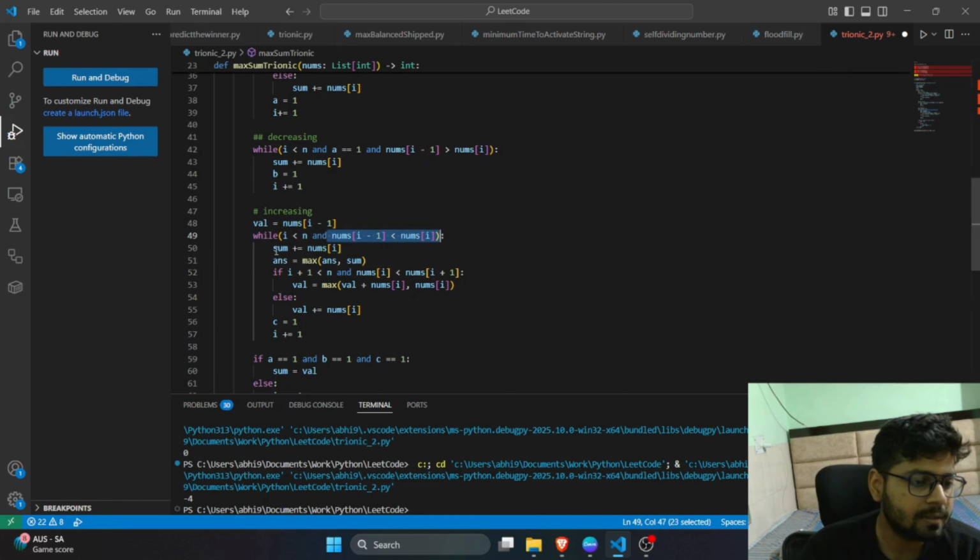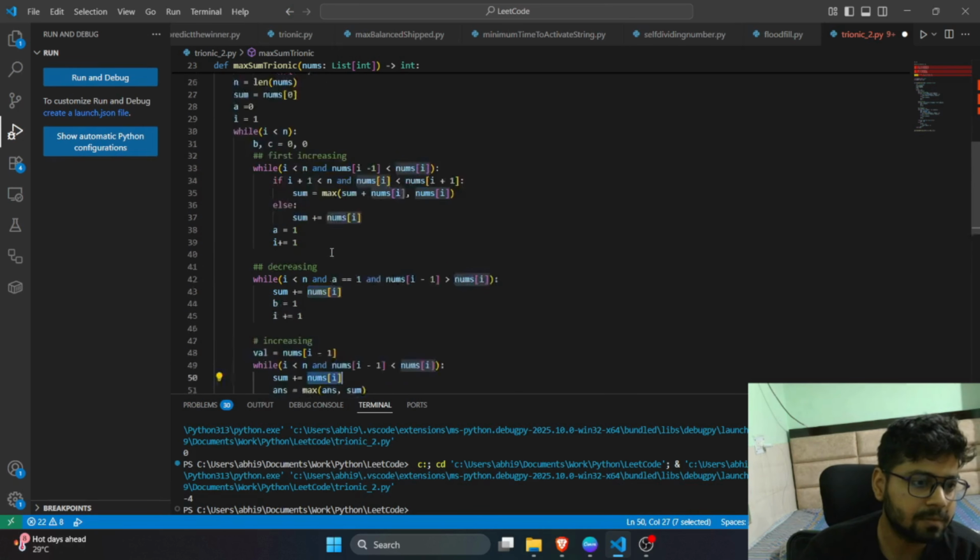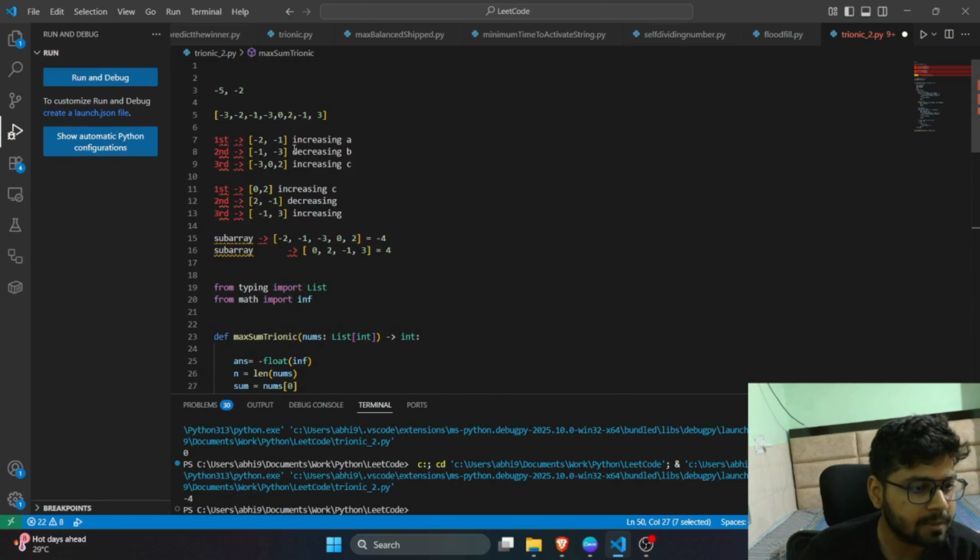Sum will be the sum of all the elements because we cannot control the next elements itself, and we will just take the maximum of the current answer with the maximum answer, because we can include num of I or exclude num of I from the answer itself. On the first subarray we can choose a starting point, but on the third subarray we can choose the ending point also.